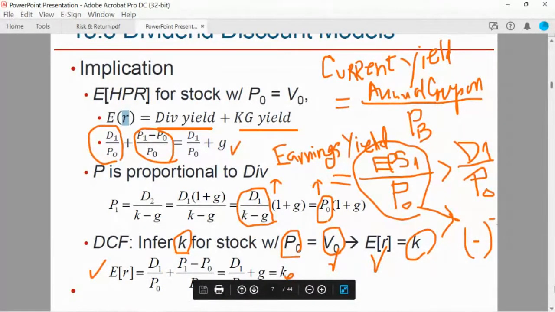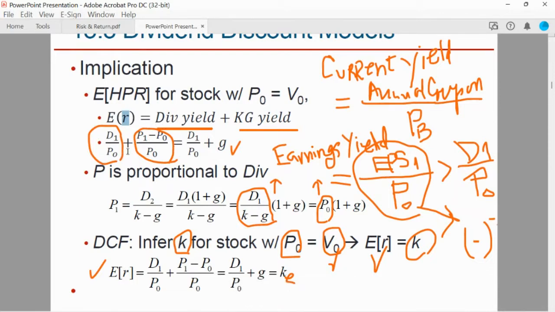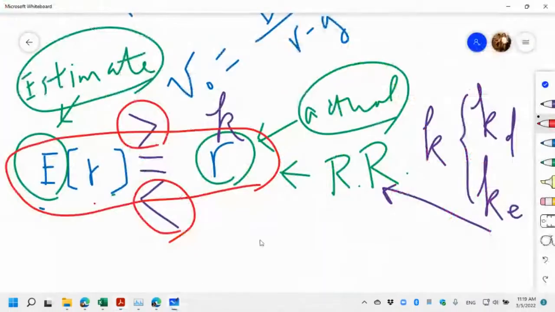So I've been telling you, for such a case, that's why we have the free cash flow model, right? So then think about it. Expected return is the result of, we did this in the previous.